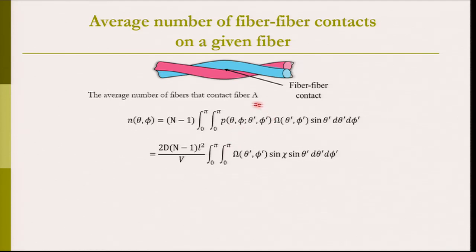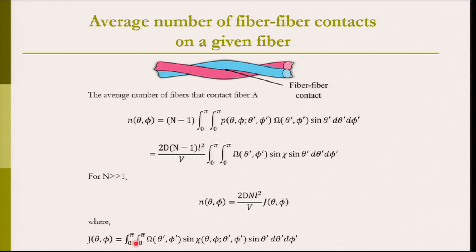So, putting the value of P which we have calculated earlier, n theta phi will be equal to 2d n minus 1 L square by V, and then we integrate this in terms of omega theta dash phi dash sin chi sin theta dash d theta dash and d phi dash, and we can define this integral in terms of j theta phi.